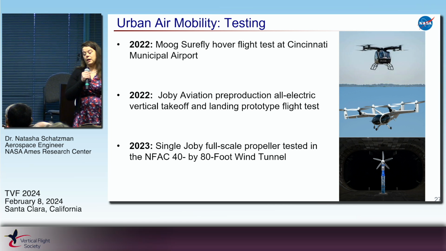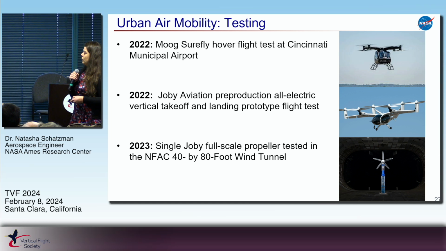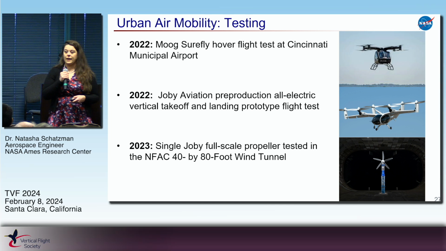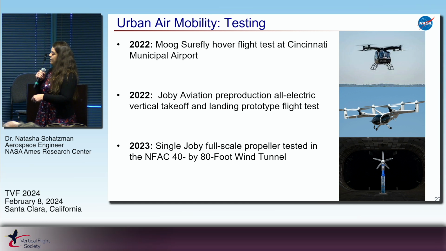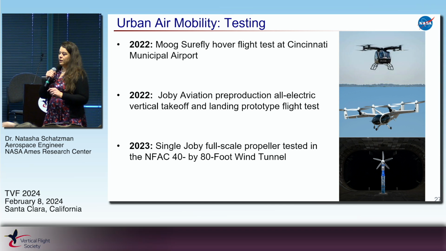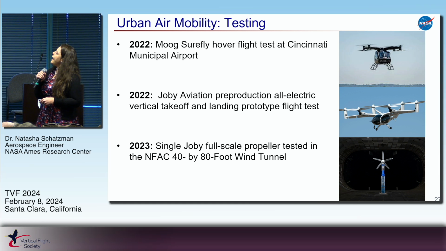And most recently, in 2023, a single Joby full-scale propeller was tested in the NFAC 40 by 80 foot wind tunnel. You may or may not have seen this on the cover of Vertiflight. I was going to say Vogue, but it's definitely Vertiflight. It should be Vogue. Anyway, urban air mobility efforts are continuing, and I know we're going to continue to see that in the future as we move forward.